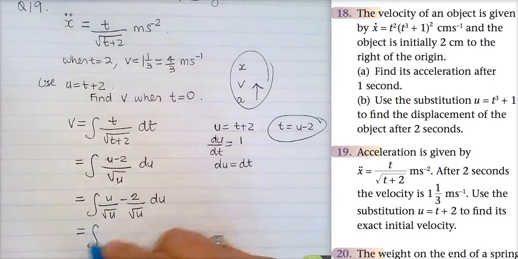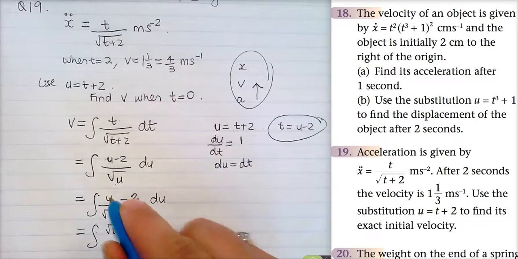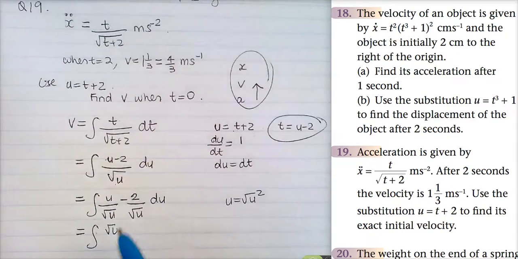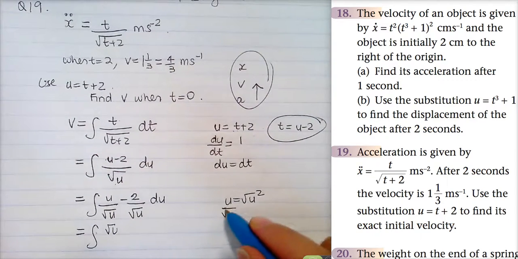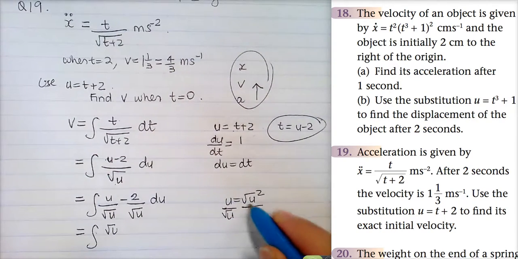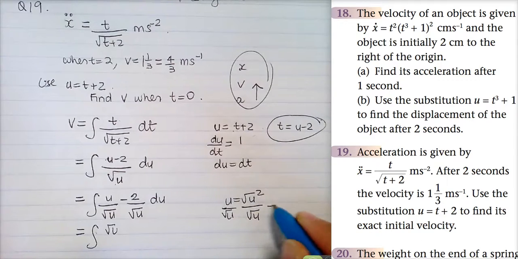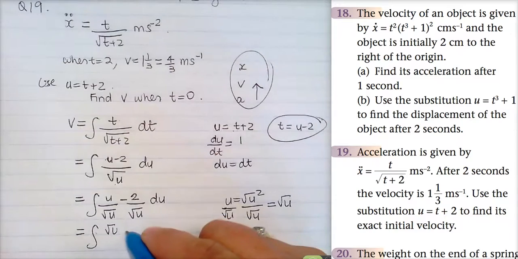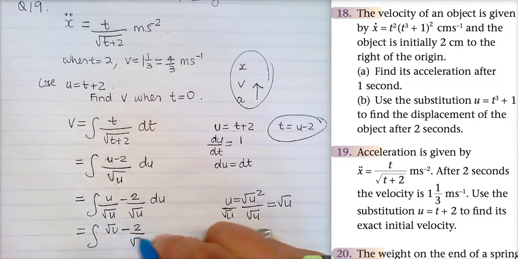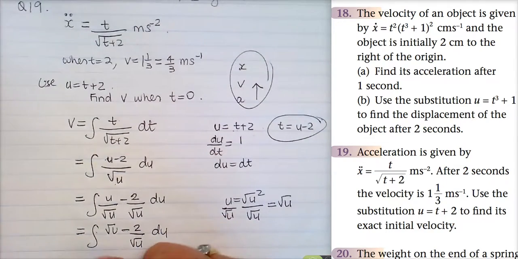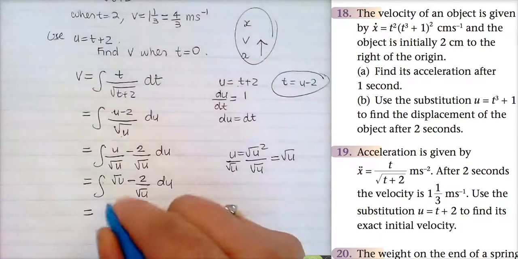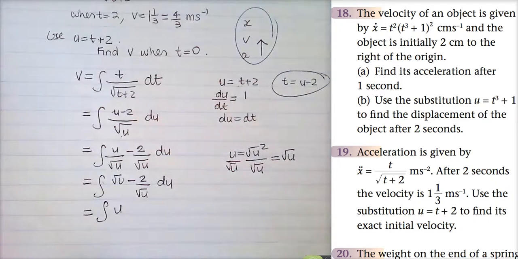And because doesn't u equal square root of u squared? So therefore, doesn't u on square root of u equal square root of u squared on the square root of u, which is a square root of u, minus 2 over the square root of u, which is, keep going, integral of u to the what?